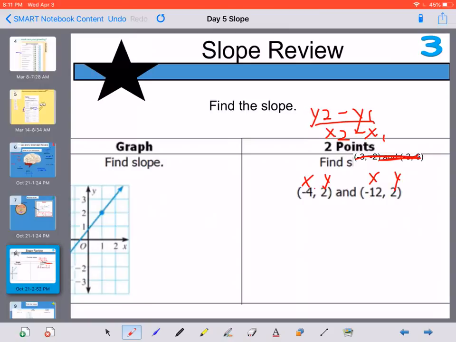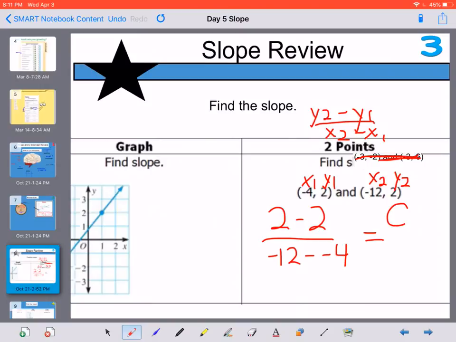Our x1 comes first and our y1 comes first, then x2 and y2. So we're going to have 2 minus y1, which is another 2, over x2, which is negative 12, minus x1, which is a negative 4.